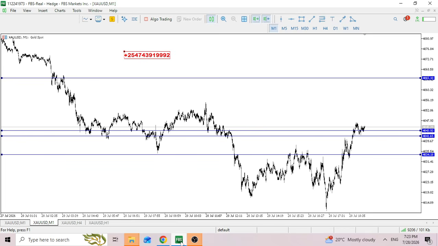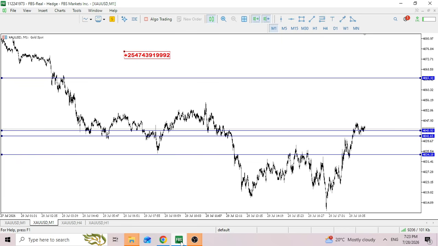When you hear the big media saying today gold has dropped by 0.78%, do you know how to calculate the 0.78%, and do you know how to use that for entries?